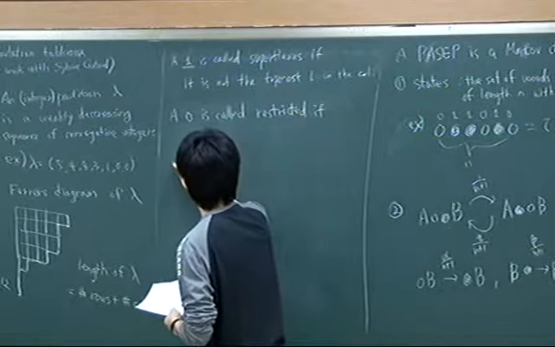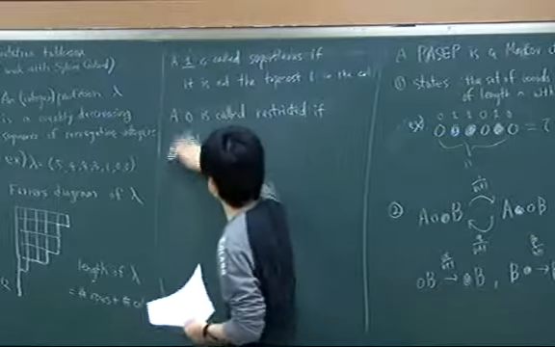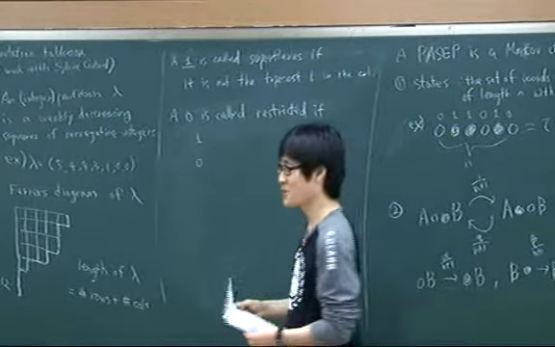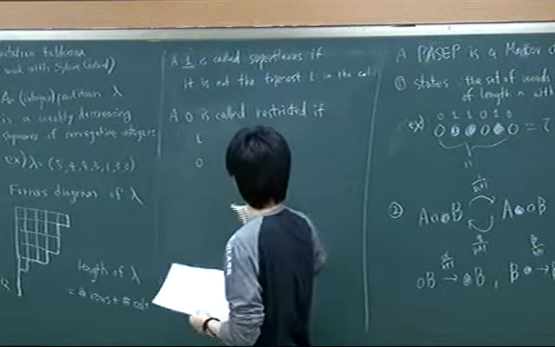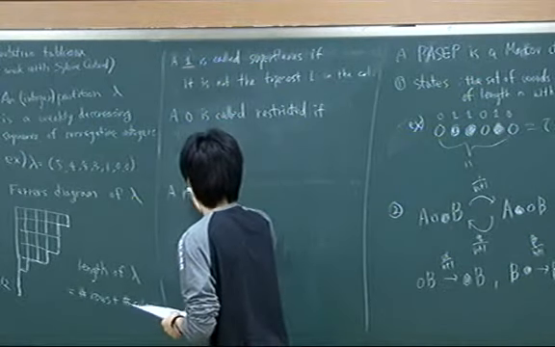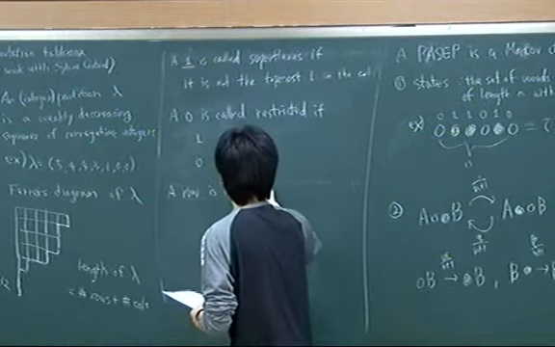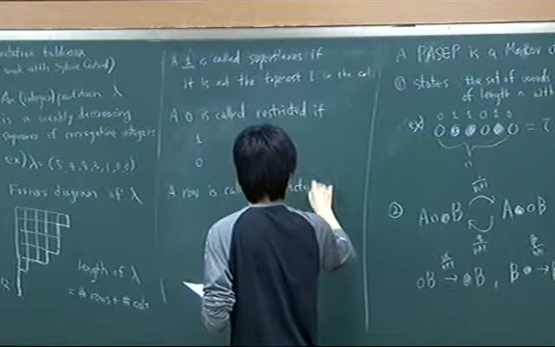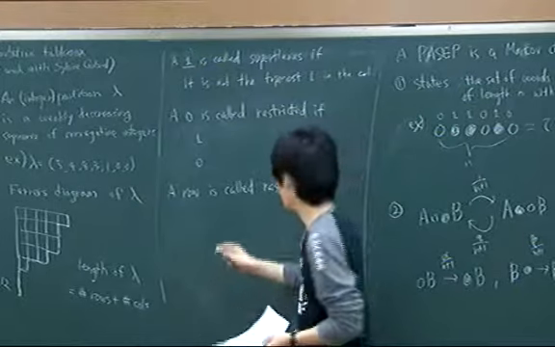And a row is called restricted if it has a restricted 0.